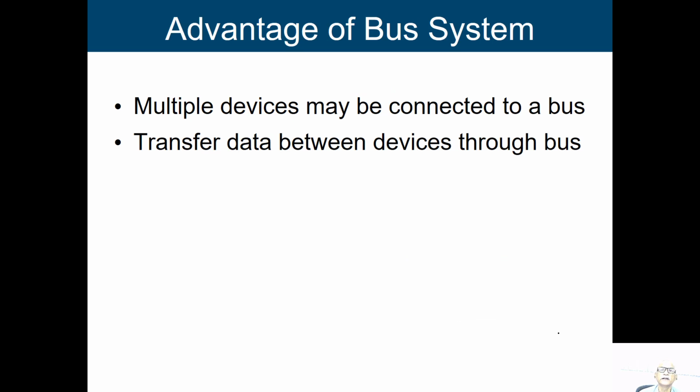So, what is the advantage of a bus system? Multiple devices may be connected to a bus and transfer data between devices through it. As a simple example, say I have 3 devices, D1, D2 and D3.